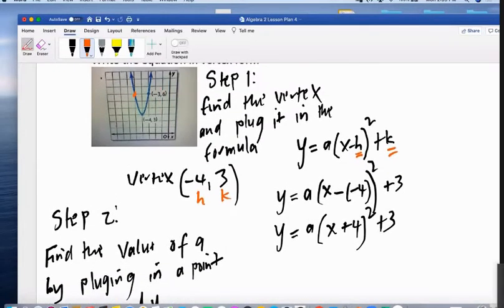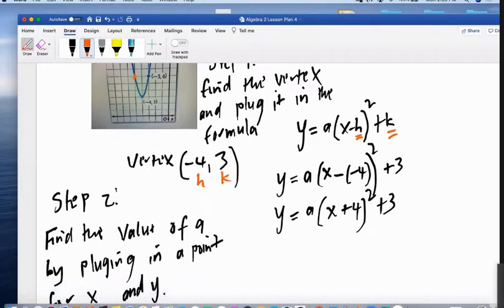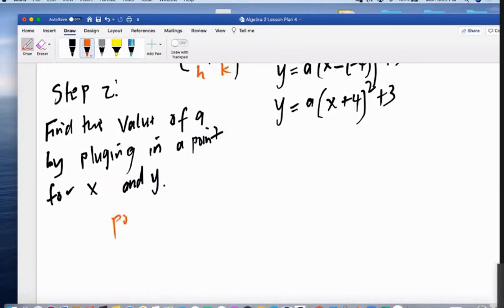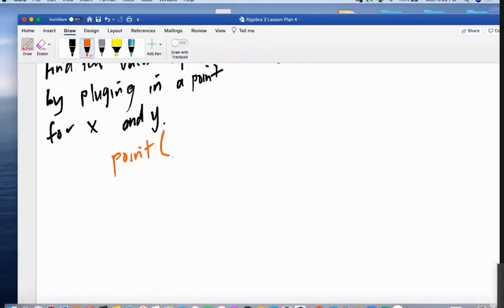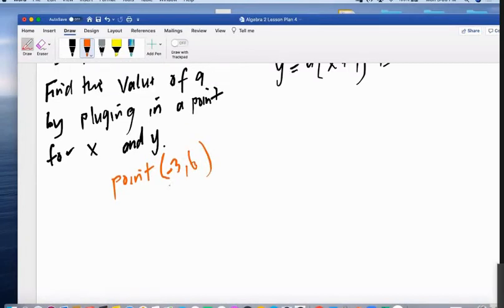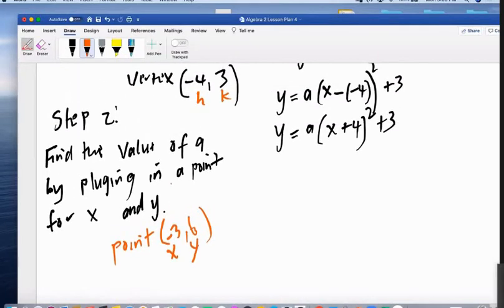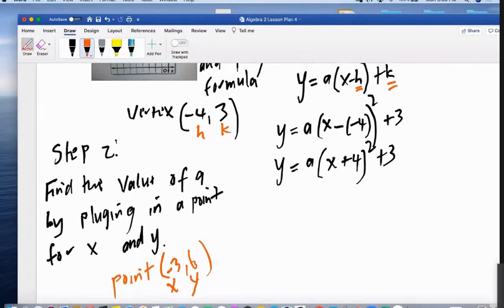So what I want you to do next, take this point. The point is -3 and 6. So take this point, you're going to plug that back in. So you plug in 2 things in. You plug in the vertex, and then you want to plug in a point on the graph other than the vertex.